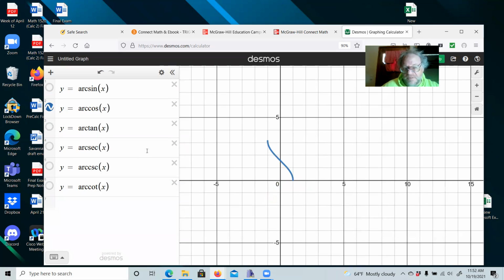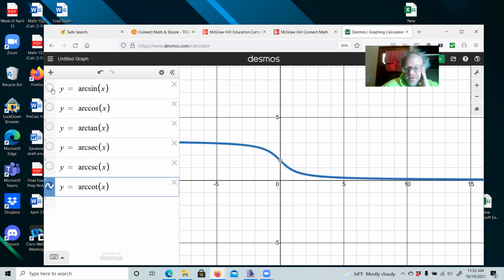If I had to pick one out of a lineup, hey, that's arc cotangent there. But as far as the arc secant, arc cosecant, and arc cotangent, remember there is such a thing, and then remember things like Wikipedia exist. I would not go out of my way to memorize what these look like. Just know that they exist and that you can type them into Desmos and get them.